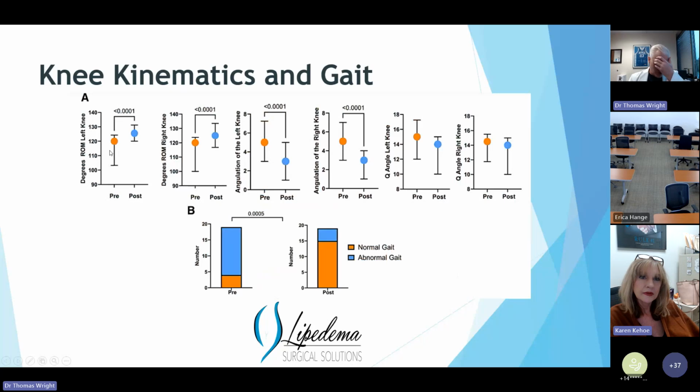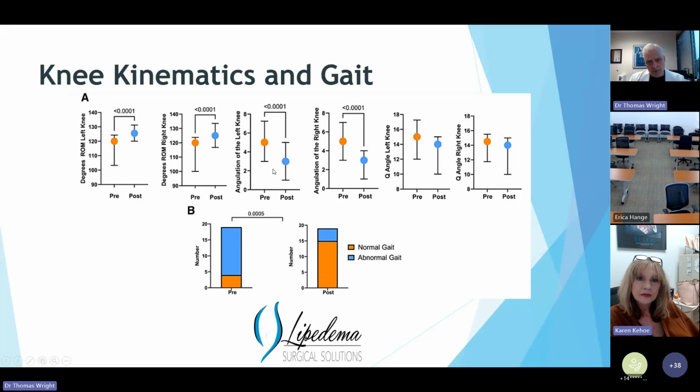So these are the results. The lipedema women had decreased range of motion, knee flexion, normal being around 135, and the average was around 120, and then after surgery it improved to like 128 or 129, and that's both legs.